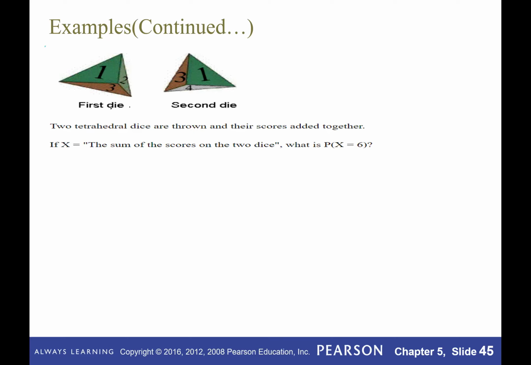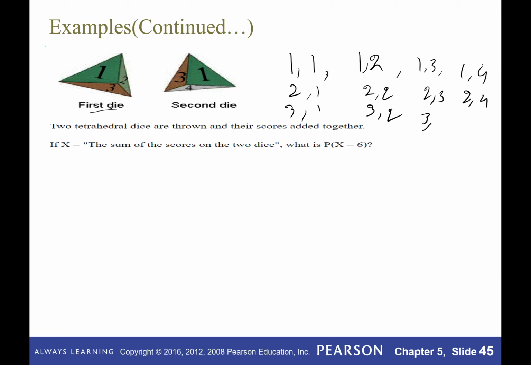So if you throw 2 tetrahedral dice, then the outcomes will be 1 1, 1 2, 1 3, 1 4, then 2 1, 2 2, 2 3, 2 4, 3 1, 3 2, 3 3, 3 4, and 4 1, 4 2, 4 3, 4 4. Okay, so those are the possible outcomes.